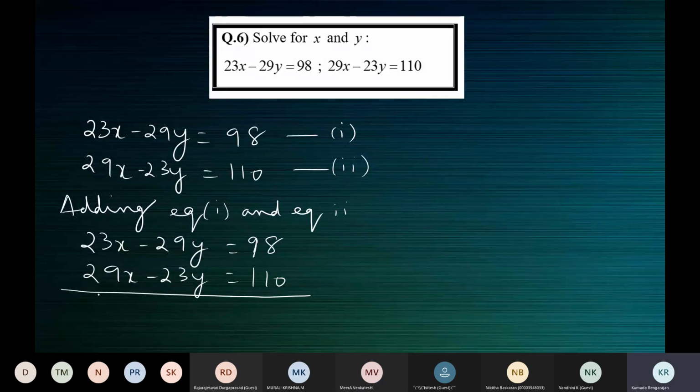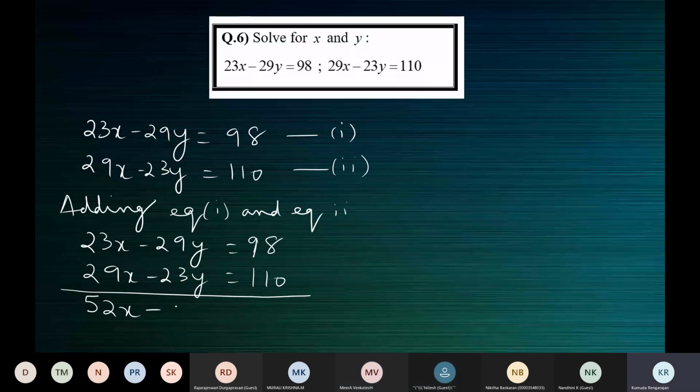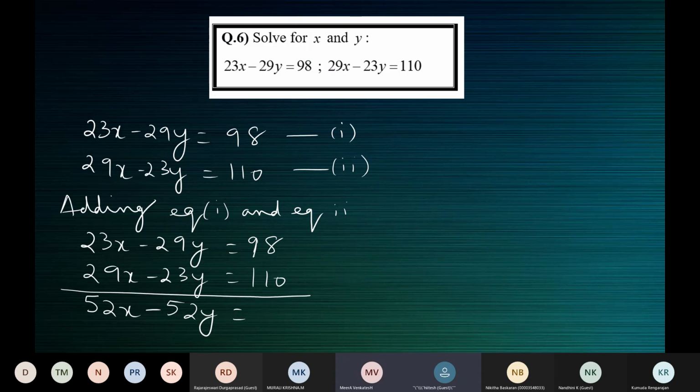52x. Then minus 29y minus 23y is minus 52y, is equal to 98 plus 110, which is 208.